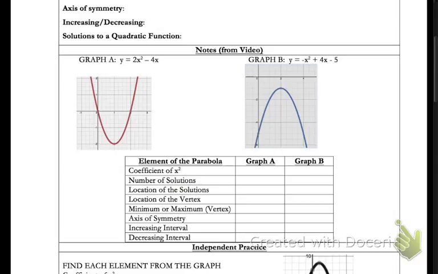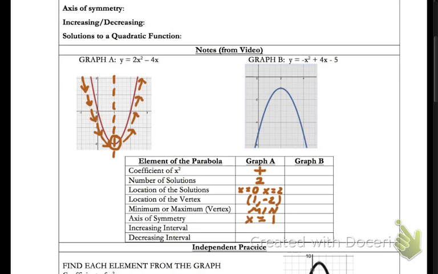And so we can say that that happens when x is greater than 1. The y values are increasing. And when x is less than 1, the y values are decreasing or going down.